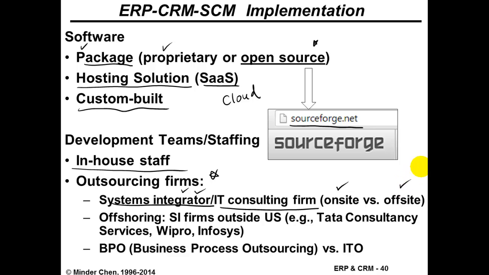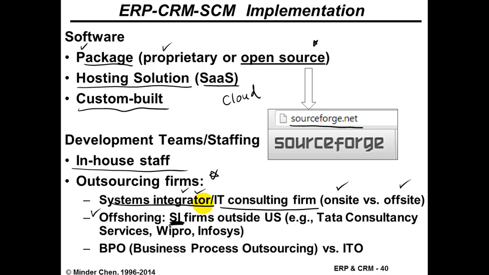There's a cost implication here. And you can certainly outsource to system integration firms outside the US. Here I list Indian system integration firms: Tata Consultancy Services, Wipro, and Infosys. That's actually called offshoring.